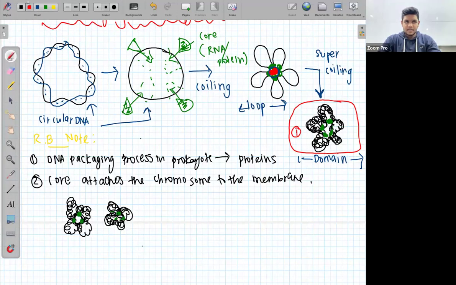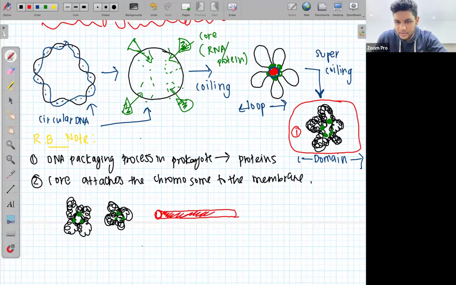Right? Now, what happens is like this. Just imagine there is a protein in a cylindrical shape. They haven't given this in your resource book and they haven't given this content also. But for the explanation, I'll give you that knowledge. This is a cylindrical structure, and this is protein.